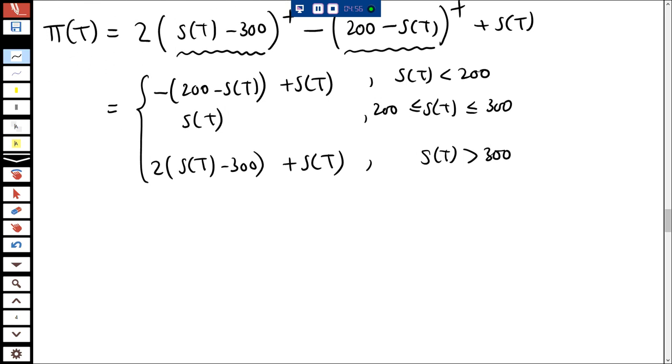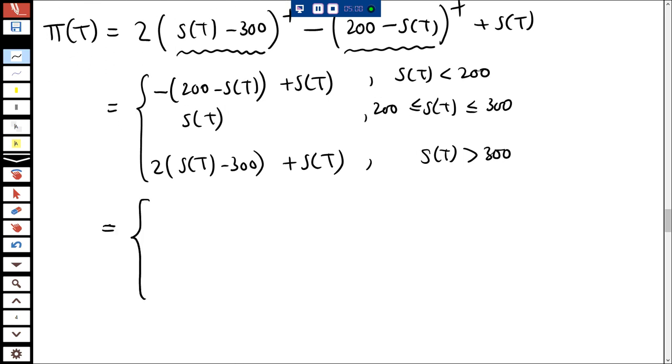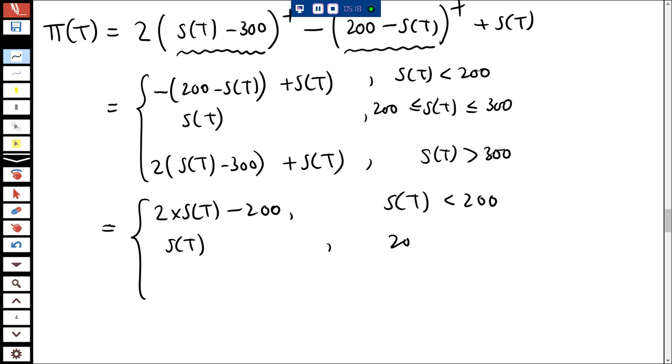Okay, let's put all of this together. So that first term, we have minus minus for ST: 2 lots of ST, take away 200. Some elementary algebra to deal with here. Let's just get through it.